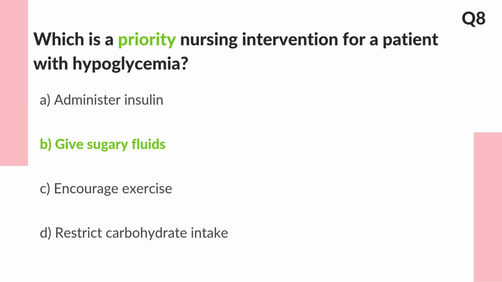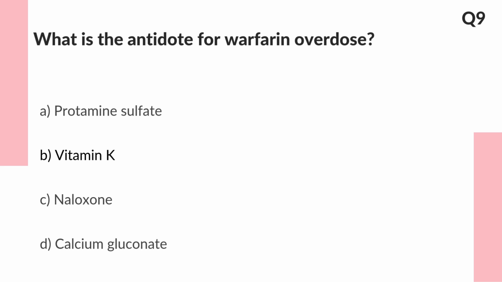So make sure that you read the question really carefully and then answer. I don't think we need to discuss any of those things, because I assume you already know about these. So that's it. Let's move on to question number 9.